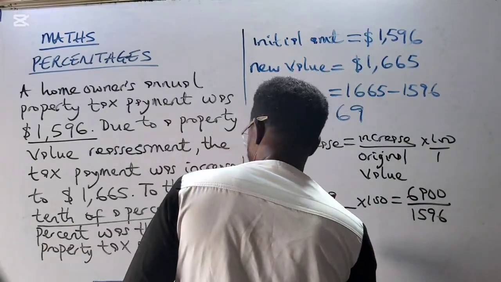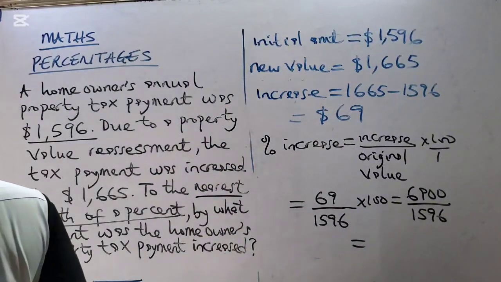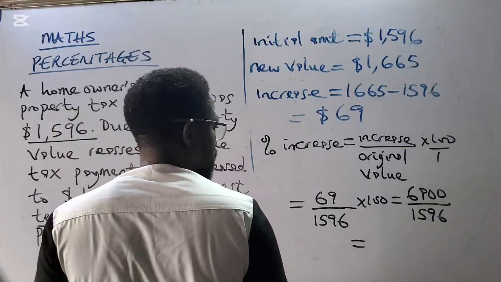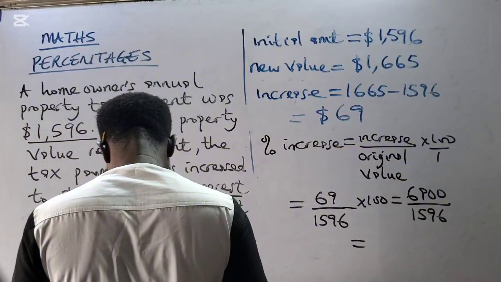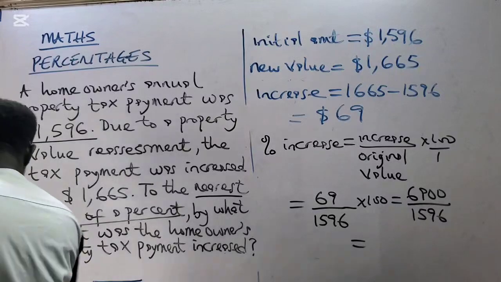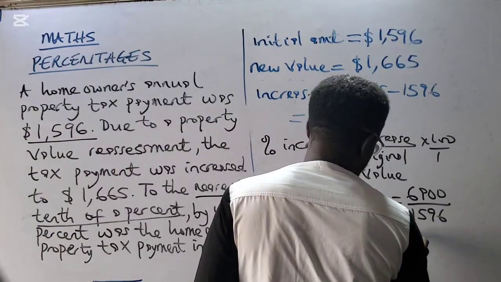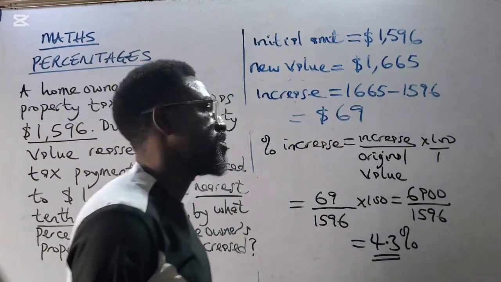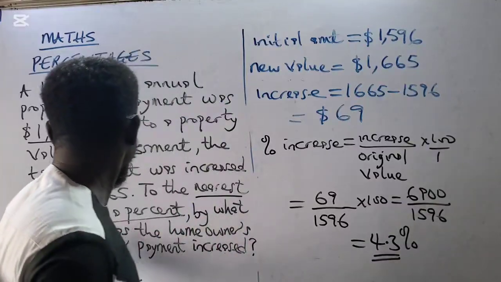When you solve that, you get 4.32%. To the nearest one-tenth, so put one decimal place. That will be the value to the nearest one-tenth of a percent.